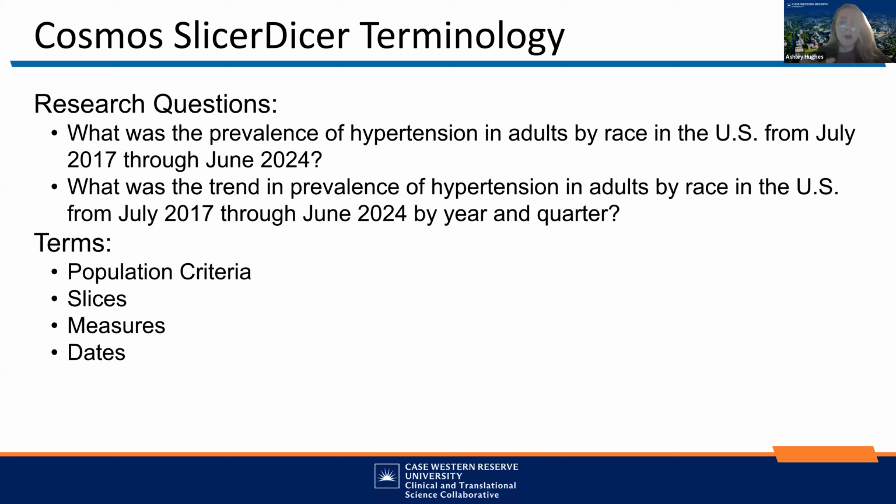Your population criteria help you basically identify what types of people or procedures you want to include in your analysis. So that could be based off of demographic information. That could be based off of their diagnosis or diagnoses they've had in the past.